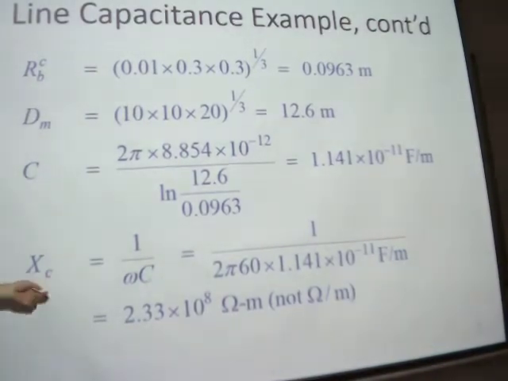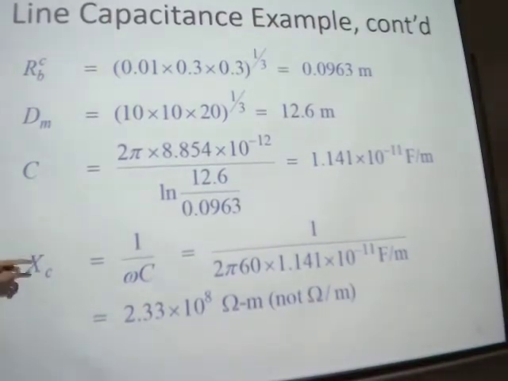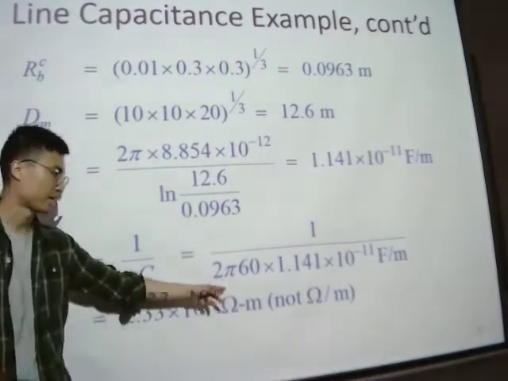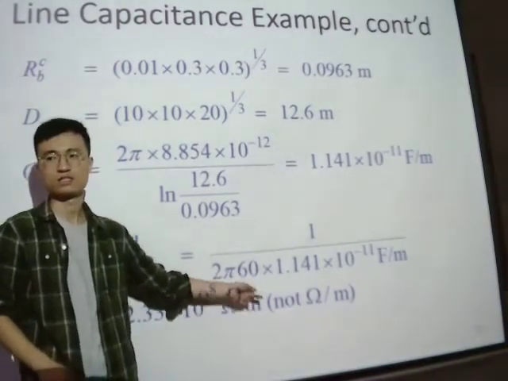In this page, we only consider the magnitude, not the angle. You can also cross out this j, which is 90 degrees.